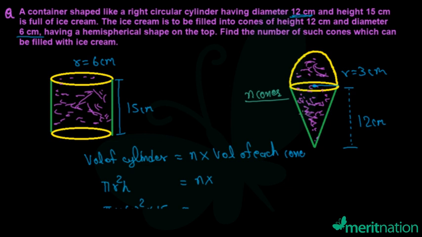A hemispherical end is mounted on top of this cone. So the volume of each cone would be equal to pi r square h by 3, the volume of the cone, plus 2 by 3 pi r cube, the volume of the hemispherical part. Radius is the same for both of them, 3 centimeters.